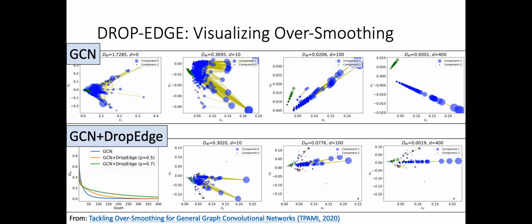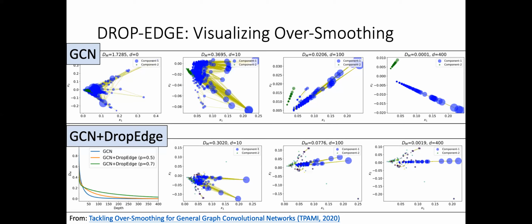Here are visualization results for how DropEdge can help alleviate the oversmoothing problem. The upper figure is for GCN and the lower figure is for GCN with DropEdge. In the upper figure, the nodes are generally distinguishable at the very beginning. Then when we increase D, the depth, the number of layers of the network, the distance to the subspace M, d_M, decreases dramatically, and it finally reaches a very small value at 400 layers.